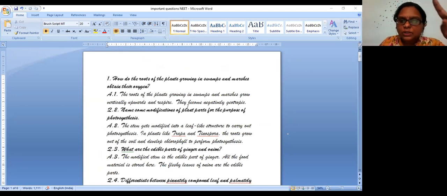When you talk about the swamps and marshes, which slide comes to your mind? While taking that slide, I told you clearly that these you can see in the swamps and marshes. This was the word I was telling again and again, when we saw the modification of the roots.